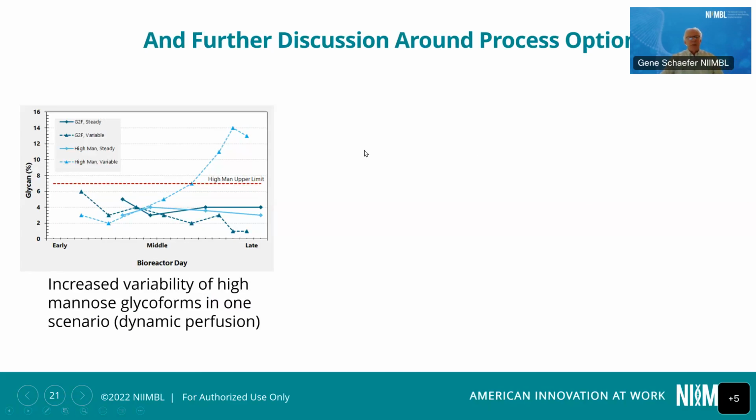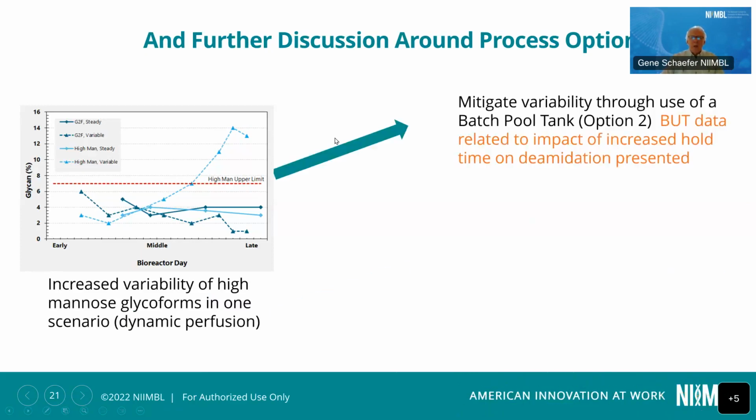So since we were seeing increased variability of high mannose in one scenario, the dynamic perfusion, which is just an example here, we talked about mitigating that variability through the use of a batch pool tank. That would be option 2 of the 2 continuous options.